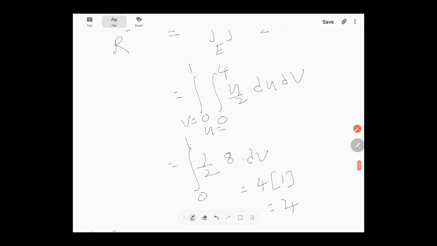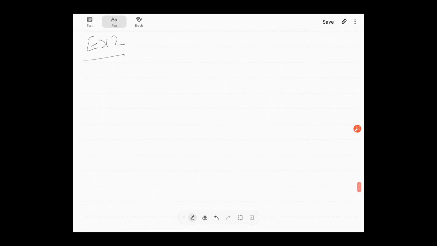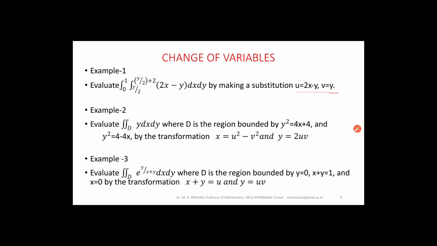Here in this example 1, the limits are given to you directly. But in the example 2, we need to find out the double integral over D of y dy dx, where D is the region bounded by y square is equal to 4x plus 4 and y square is equal to 4 minus 4x, by the transformation x is equal to u square minus v square and y is equal to 2uv.